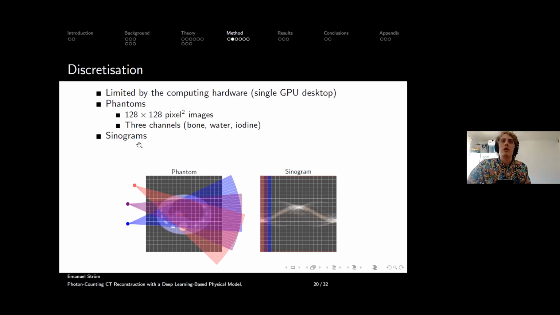And for the sinograms, we used 128 detectors and 128 angles. Each of the sinograms also has 8 different channels, which represent energy bins. So this is the discretized data. And of course, this is going to be non-ideal, right? This is not a realistic setting, but the idea is that we can still extract some useful conclusions out of this and pave the way for future work.